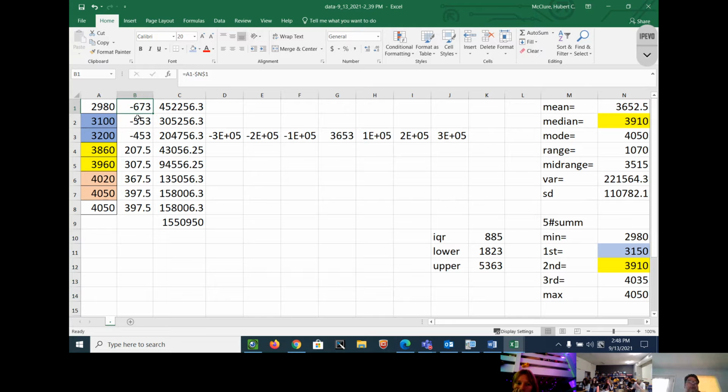Get the same numbers. The mean is right. If the mean is right, then I'm using the mean correctly. This number raised to the second power. And these numbers are right. And that number is right. 1, 2, 3, 4, 5, 6, 7, 8. Then that number's got to be divided by 7.